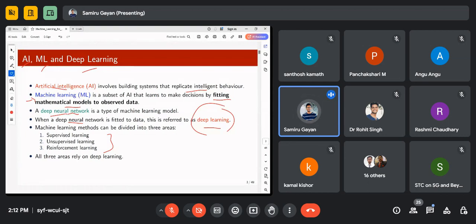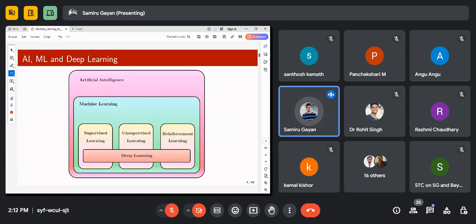Now, we can summarize all the ideas in this manner. Here we can see that artificial intelligence is the bigger set, then machine learning comes.